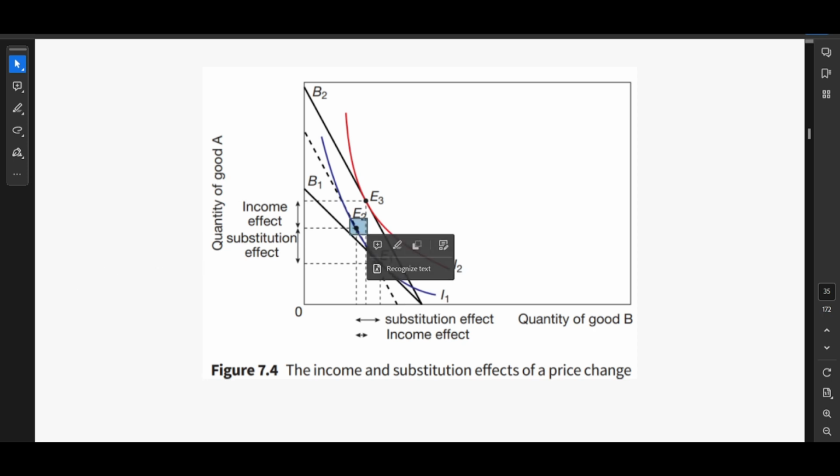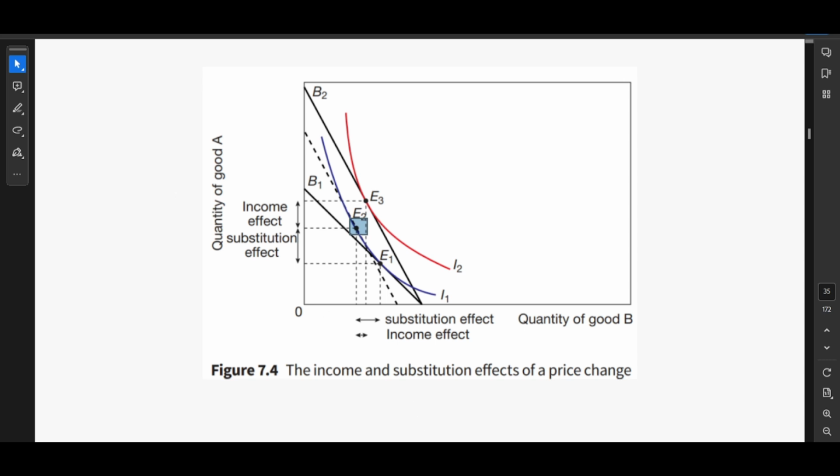Let's say this is Apple, the price of Apple has become cheaper. So we would think that a rational consumer would start buying more Apple because the price of Apple has gone down, right?